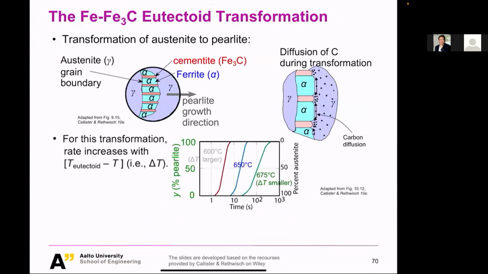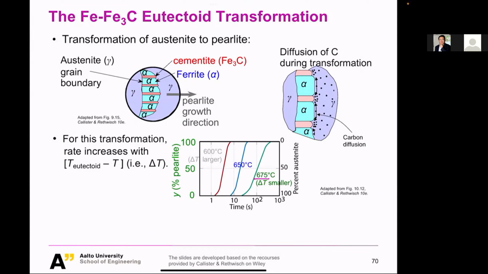All right. And now if you try different temperatures of supercooling, what will happen? This is exactly shown in this diagram. For example, if we cool down the temperature from 727 to 675, this is the profile of your eutectoid transformation. It takes about, let's say, 1,000 seconds to get done.